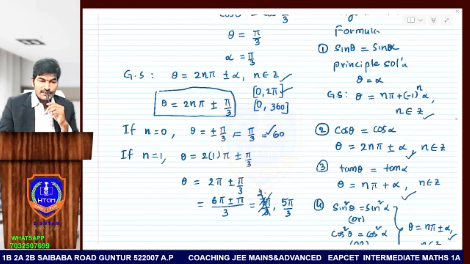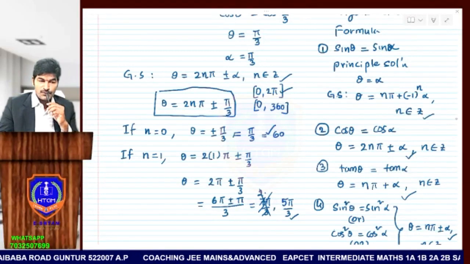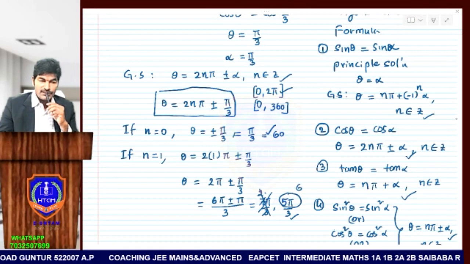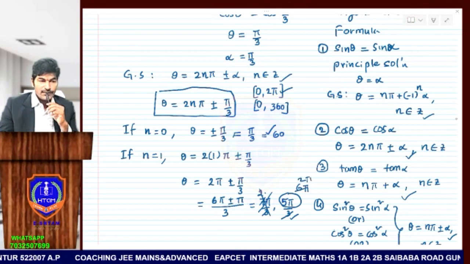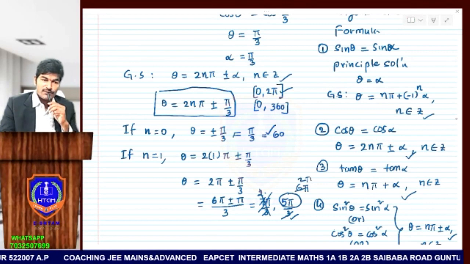Then what about this 5 pi by 3? Is it acceptable? Yes, because it is below 6 pi by 3. Two 3s are 6. This value is not crossing 6 pi by 3. If it was 6 pi by 3, then it would be 2 pi, and 2 pi is also included as a solution because it is a closed interval.